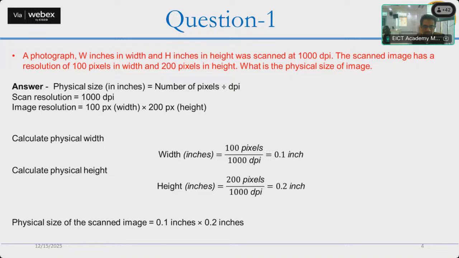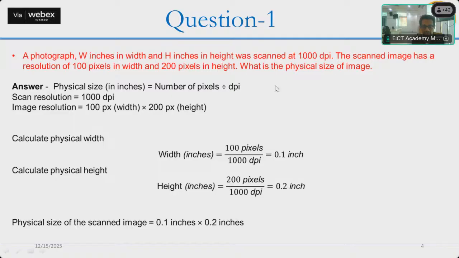For example, if the size of the image is X inches and there are 1000 pixels per inch, then the number of pixels will be X into 1000.